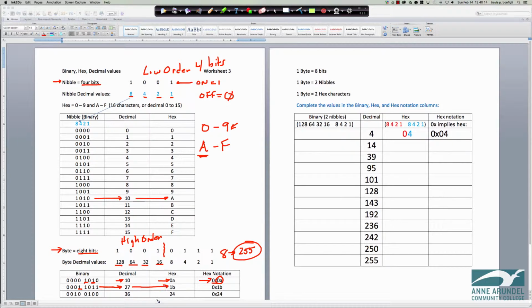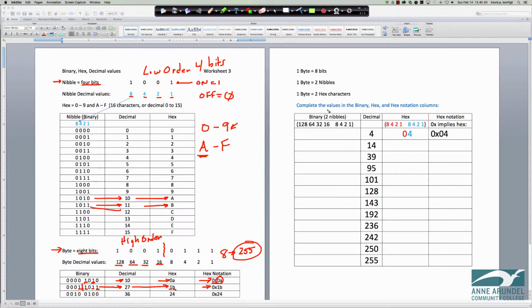In hexadecimal, it would be 1B, because for the hex, we split it down the middle into 2 nibbles, and this has a value of 1, and this has a value of 8, 10, 11. And remember that 11 in decimal is B in hexadecimal, so you would write that 0x1B.